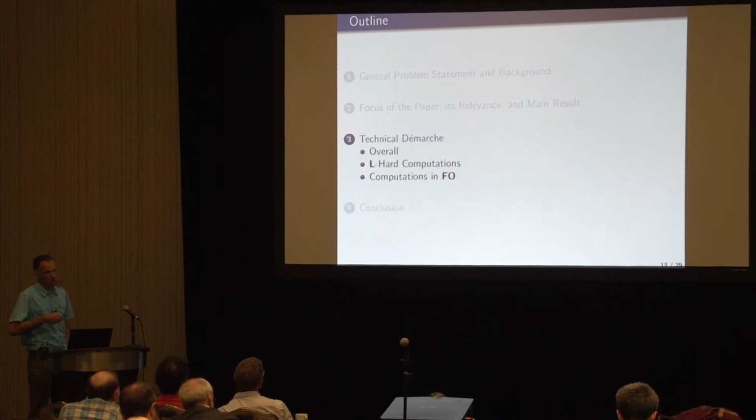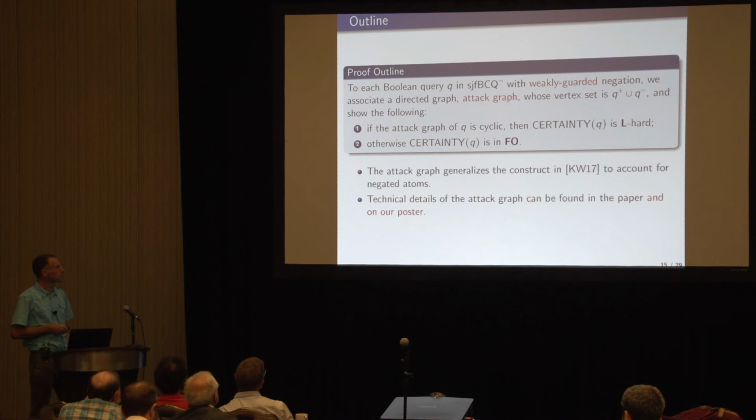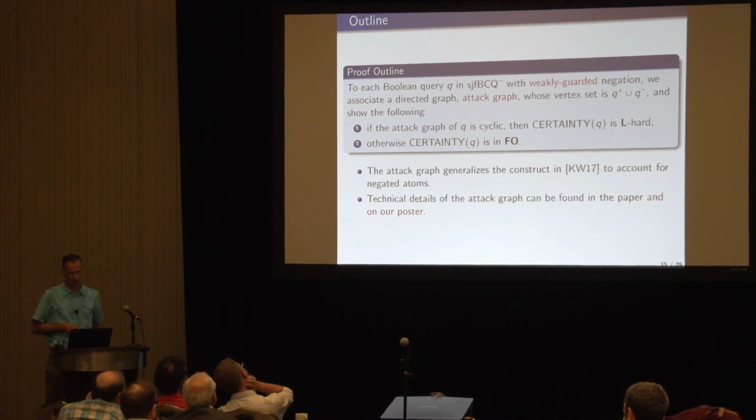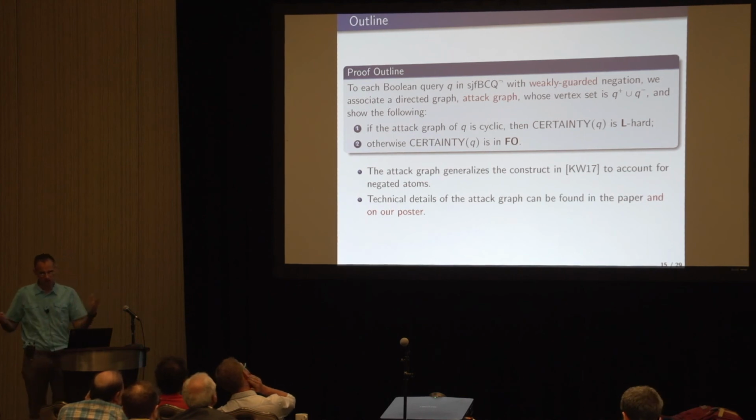So now I will go more into some technical details. So how did we prove this theorem? The outline is as follows. To each Boolean query in the class, always with weakly guarded negation, we associate a directed graph, which we call the attack graph, whose vertex set is the set of atoms in the query.